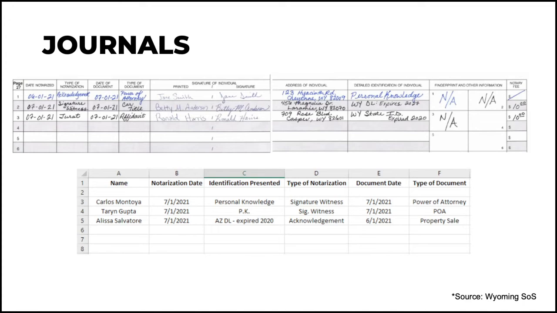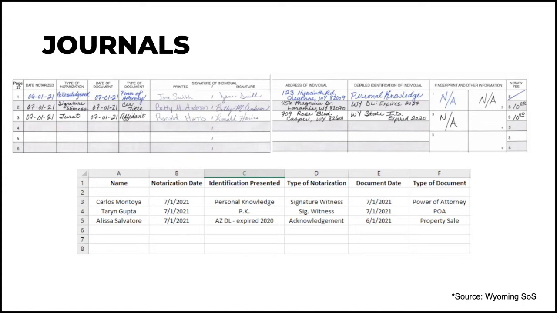All right. The amount of information that you place in here or not is up to you. So just like in this top piece right here where it says detailed identification of individual and it has personal knowledge, driver's license, state ID, that is perfect. If you want to go further and say when it was issued or whatever, that's up to you.